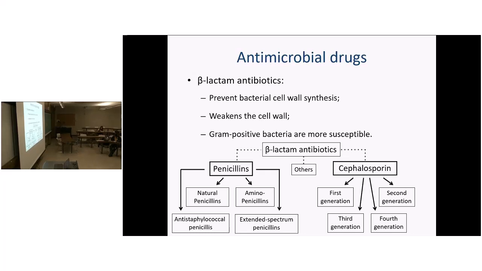It tends to be more focused on one class of bacteria, and in this case, is much more active against gram-positive bacteria. Because the gram-positive depends much more on that cell wall to survive, or it is a more structural part of the cell wall of that bacteria.